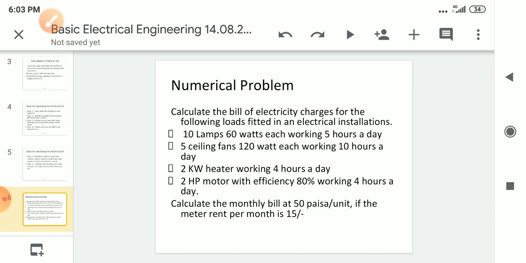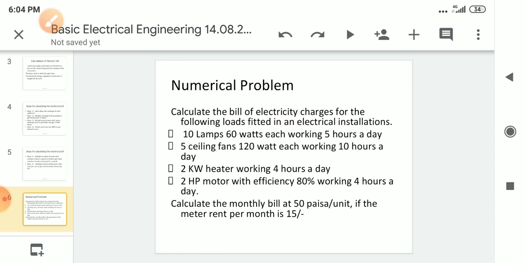Calculate the bill of electricity charges for the following loads fitted in an electrical installation. 10 lamps, 60 watts each, working 5 hours a day. Next, 5 ceiling fans, 120 watts each, working 10 hours a day. A 2 kilowatt heater working 4 hours a day. A 2 HP motor with efficiency 80% working 4 hours a day.